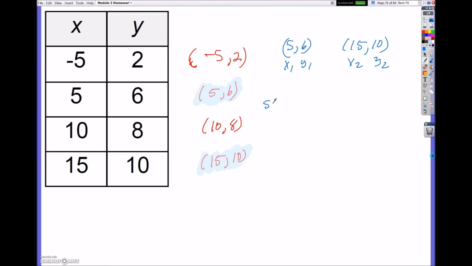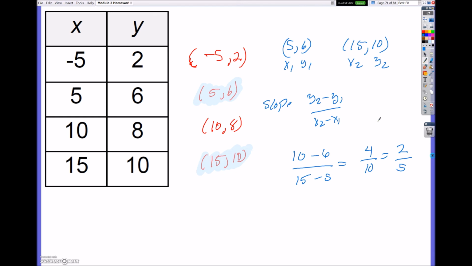So the formula for slope, let's not forget, is, as math teachers we always say, change in y over change in x. What that is saying is just y2 minus y1 all over x2 minus x1. So when I set that up, it's going to look like 10 minus 6 all over 15 minus 5. That'll give us now 4 over 10, which reduces to 2 over 5.